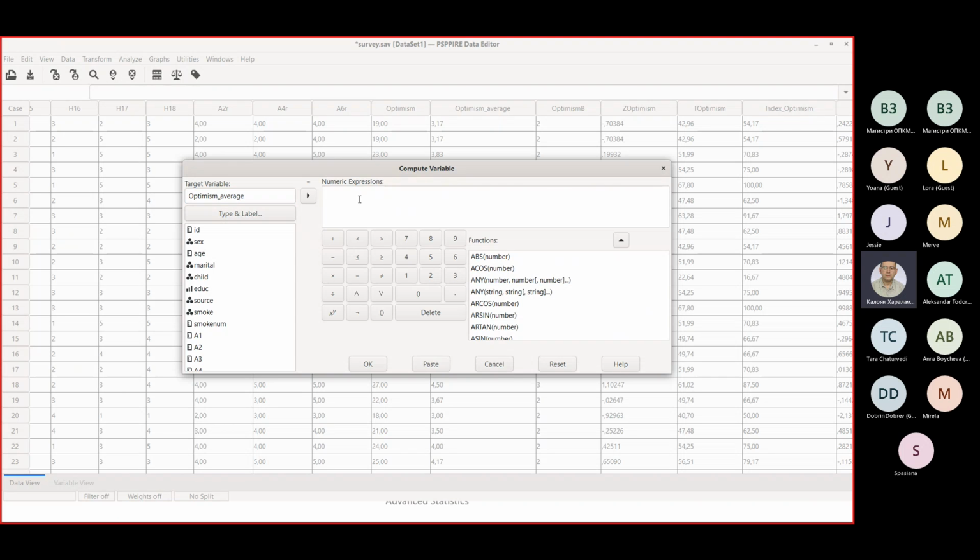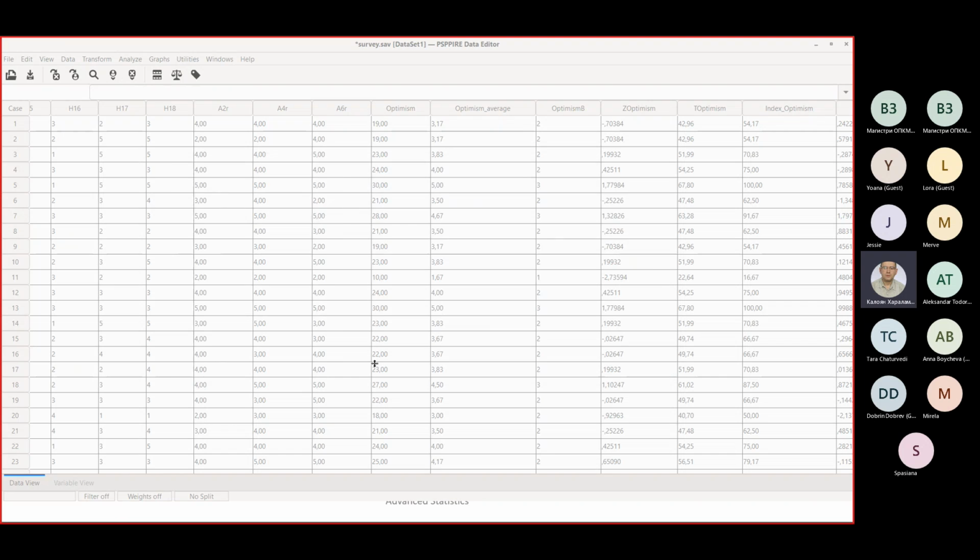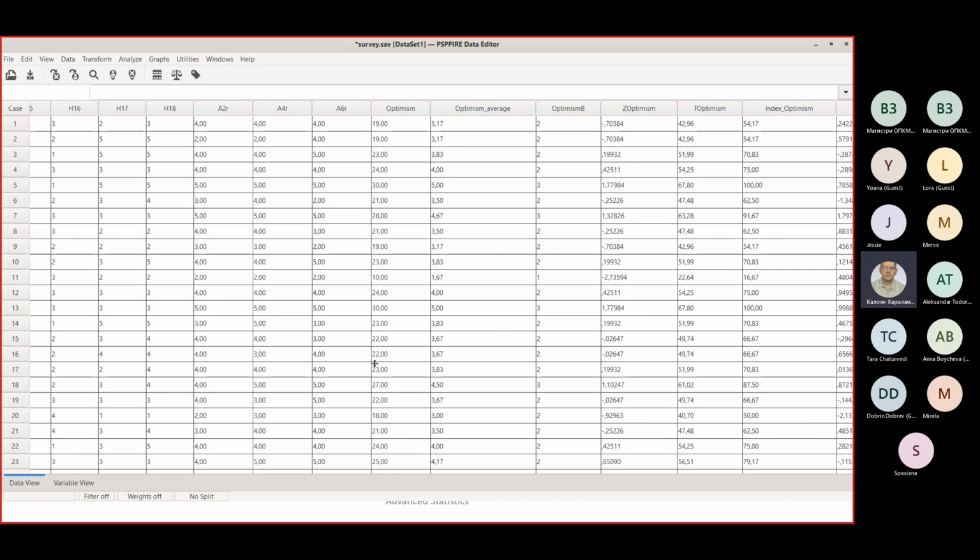And the equation will be optimism. So I will move optimism from left to the right, divided by 6, since our scale has 6 items, 6 statements. And then, okay.